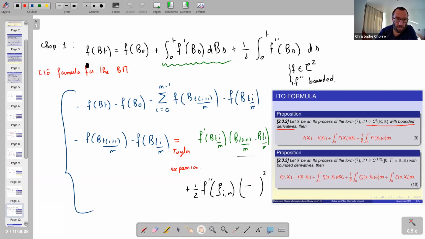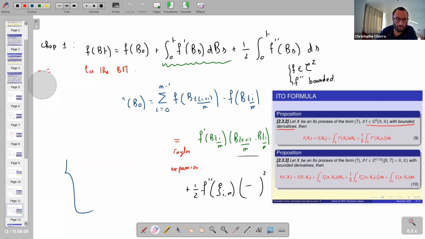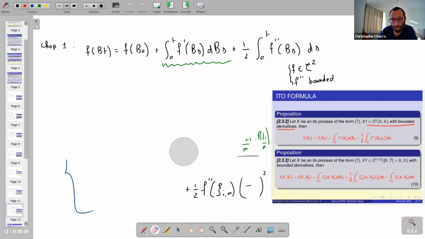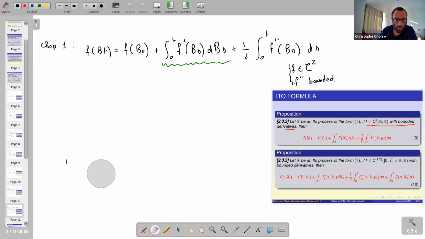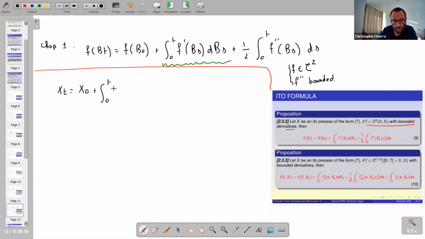So let me erase this, and let's have a look at the Ito formula here. I start from a stochastic process that is an Ito process of this form: I have the constant, the Riemann integral part, and then the stochastic integral part.